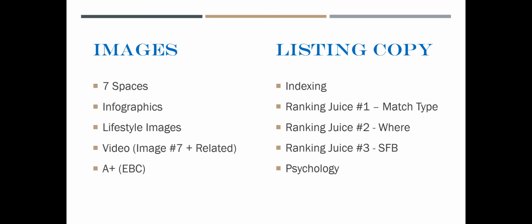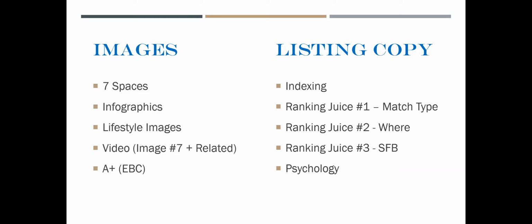So if you put keywords in your title, you get the most amount of credit. And we know that it even breaks down to where it is in your title. You get the most credit for beginning, the second most for middle, and the least for end of your title, but you still get the most for anywhere in your title versus anywhere else in the listing. Then you get a little bit less credit for your bullets. You get even less credit if it's in the back end.